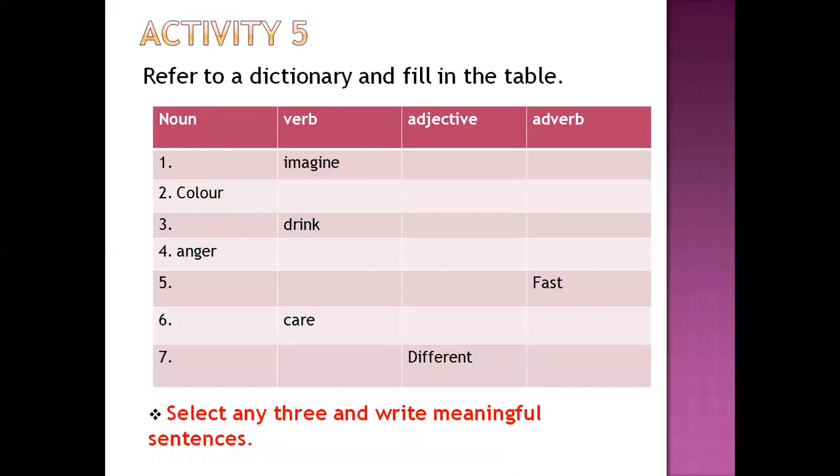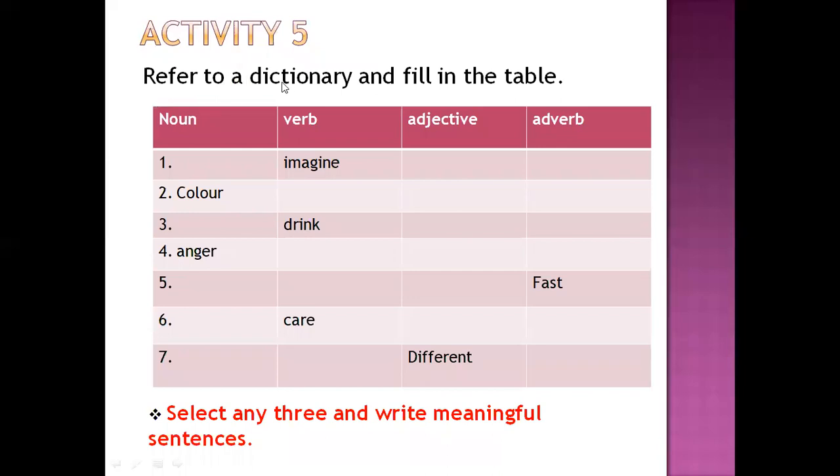Next activity. Activity 5. Refer to a dictionary and fill in the table. Children, I hope all of you have got a dictionary at your home. So it is okay if you have a Malalasekara dictionary, that means English Sinhala dictionary, or you can use, if you have, it's better you can use an Oxford English dictionary or whatever.